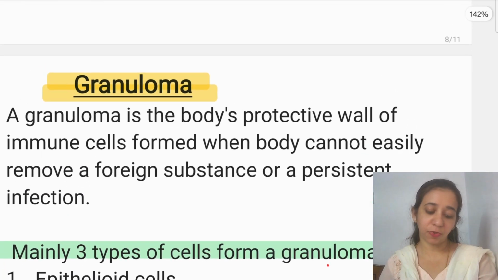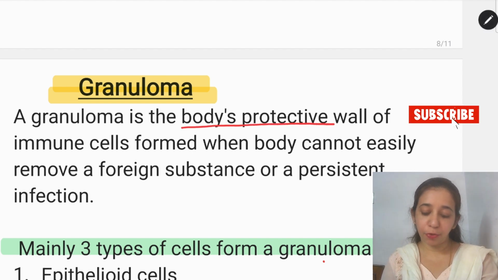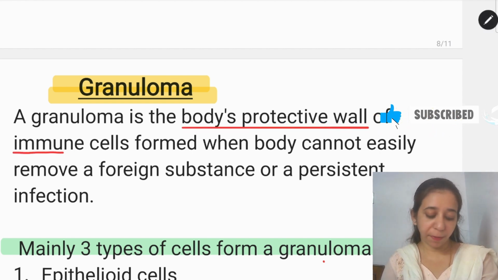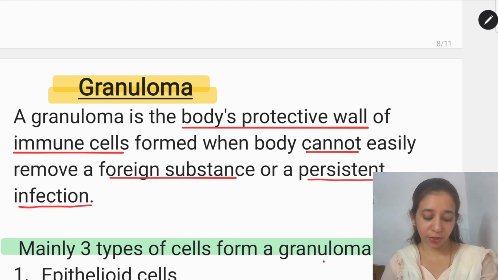So what is granuloma? A granuloma is the body's protective wall of immune cells, formed when the body cannot easily remove a foreign substance or a persistent infection.